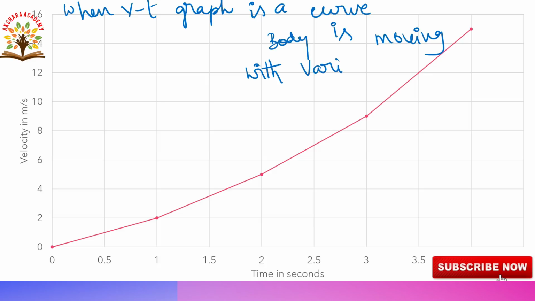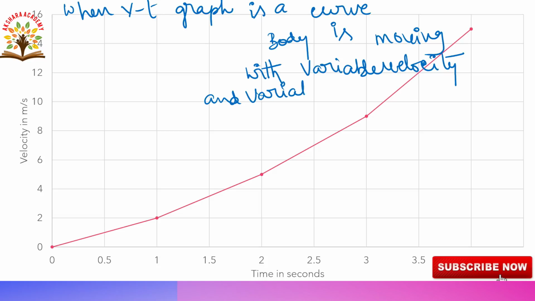Why? Because it is changing, it is not uniform. There is unequal displacement in equal intervals of time. So that is why the body is moving with variable, or non-uniform, velocity and variable acceleration.